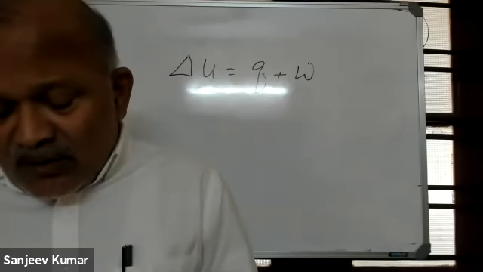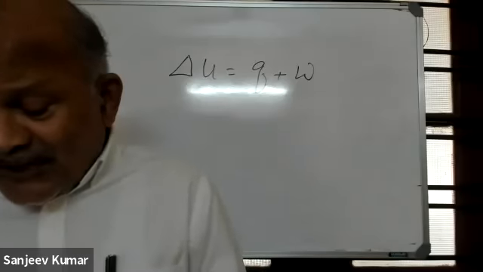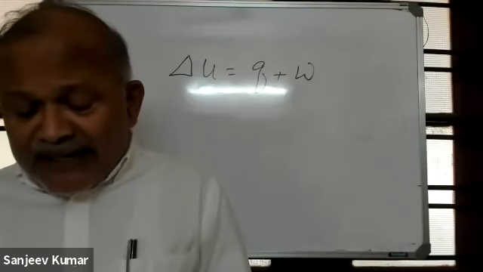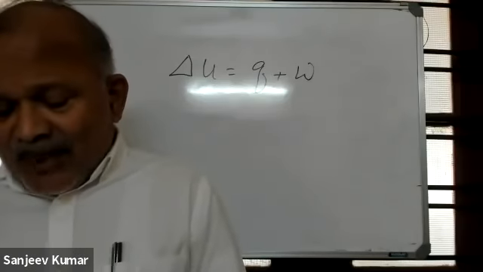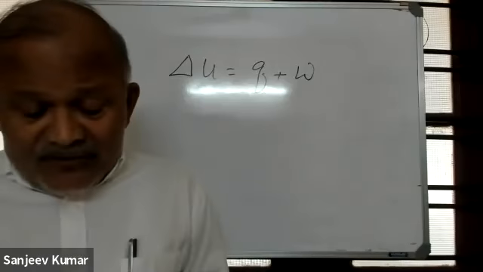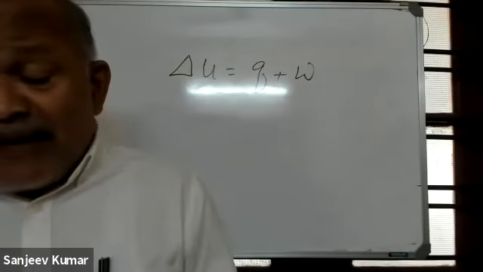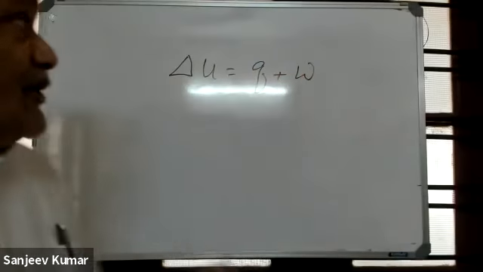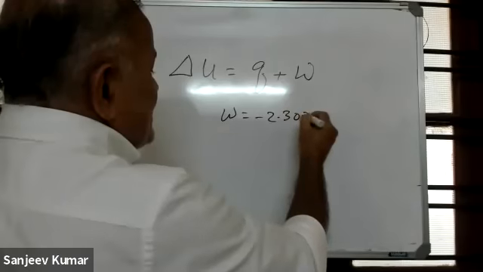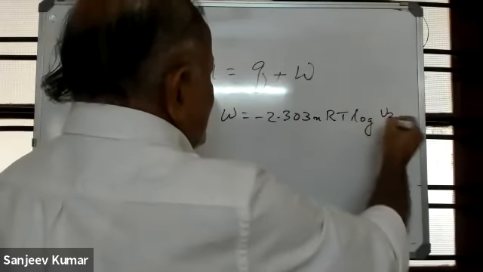Fifth question is, 1 liter of an ideal gas at 10 atmospheric pressure undergoes isothermal reversible expansion to 10 liter. The work done in the expansion process is, we know that in an isothermal reversible expansion, W is equal to minus 2.303 nRT log V2 by V1.